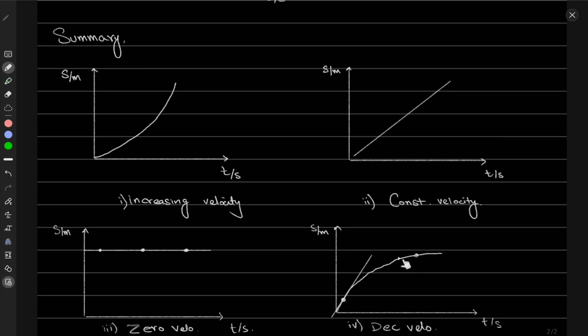The tangent would look something like this at this point, and we can clearly see that this tangent is less compared to this one. So the slope of this tangent is smaller compared to this one. Hence, the slope is decreasing as time passes. So this is a decreasing velocity graph.